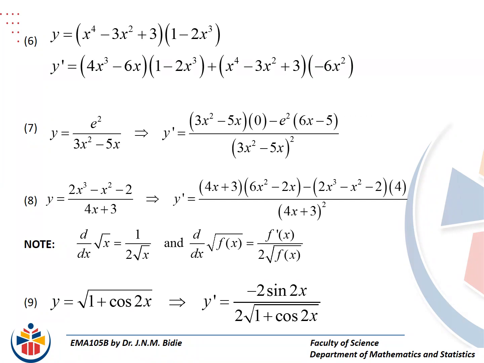So even if you interchange these two, it doesn't matter. You may start by taking down the first function and find the derivative of the second, plus the second function times the derivative of the first. It doesn't matter. The answer will always be the same.